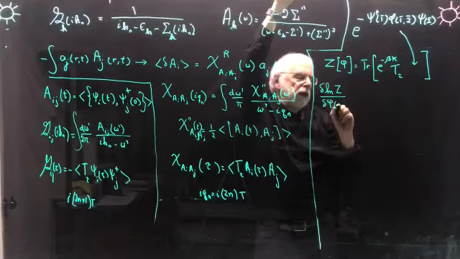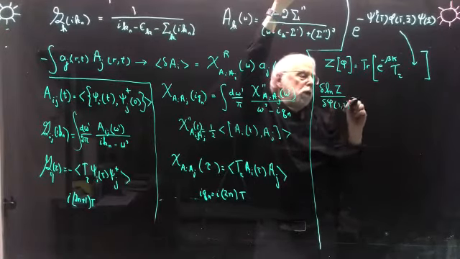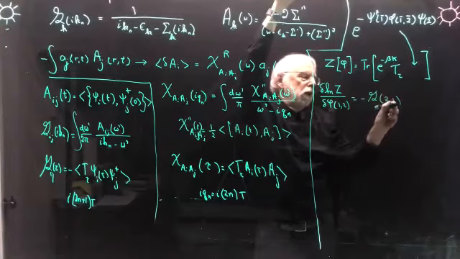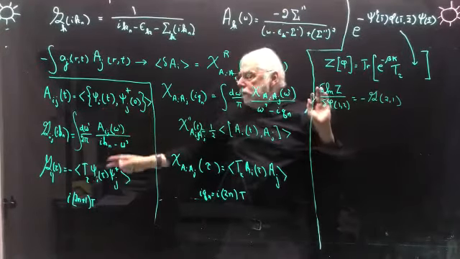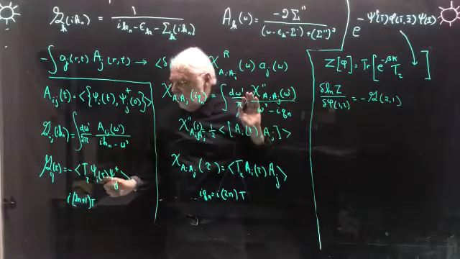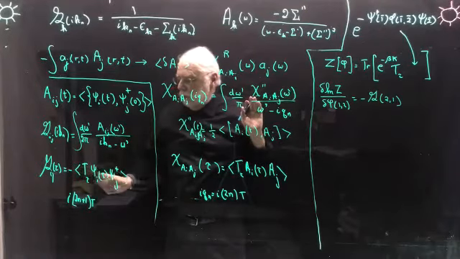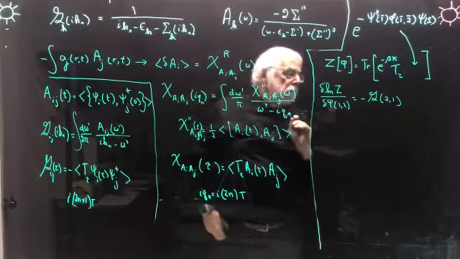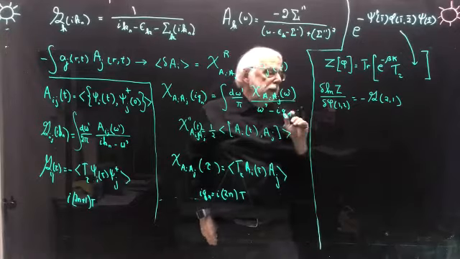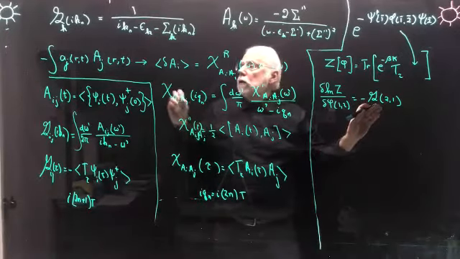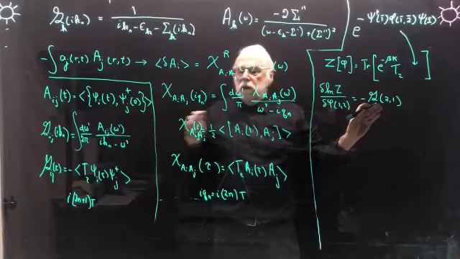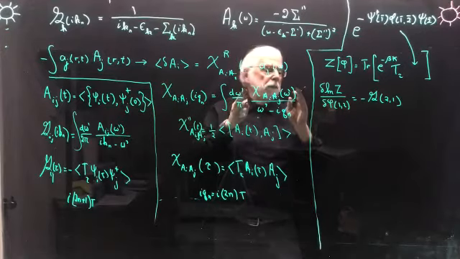So this will be equal to minus G 2, 1, where G is defined just like this in the imaginary time formalism.